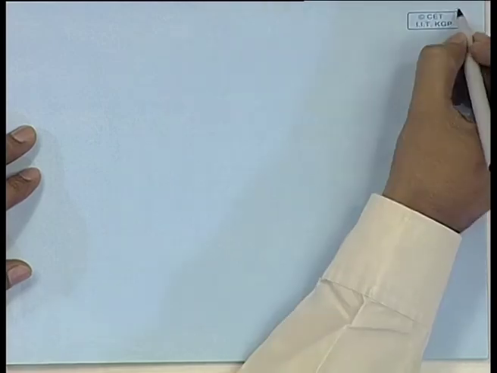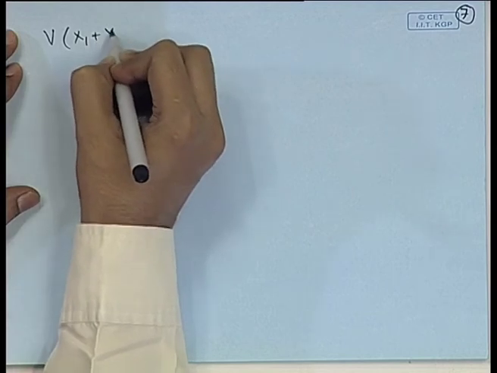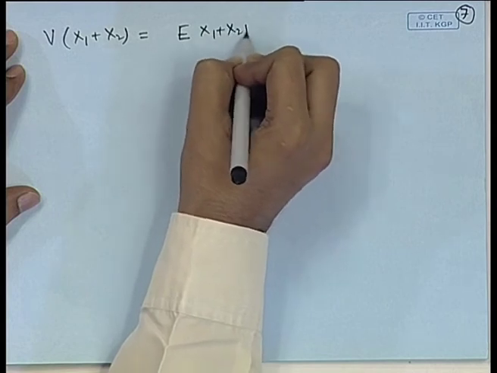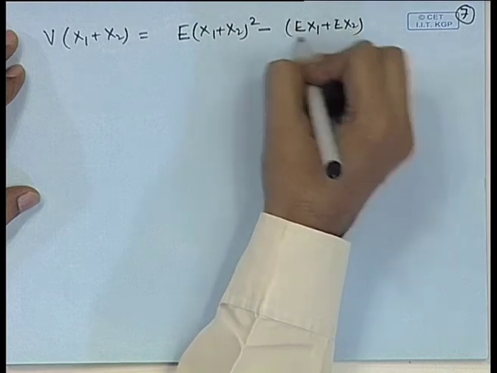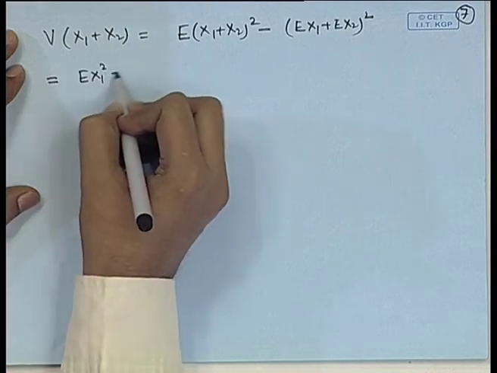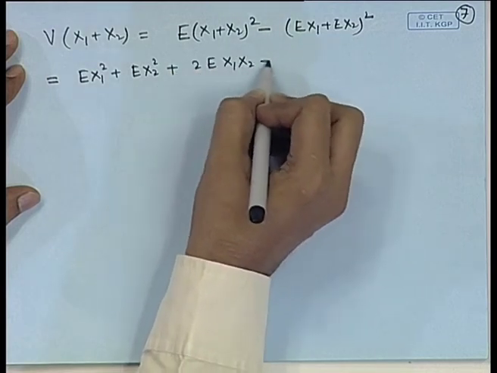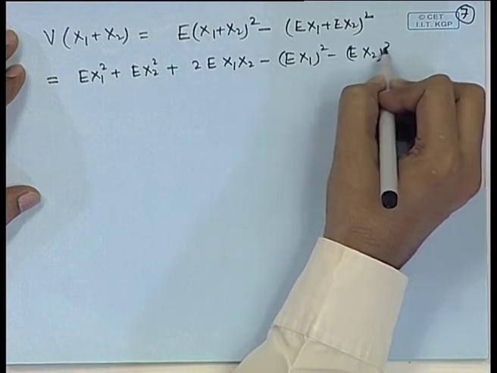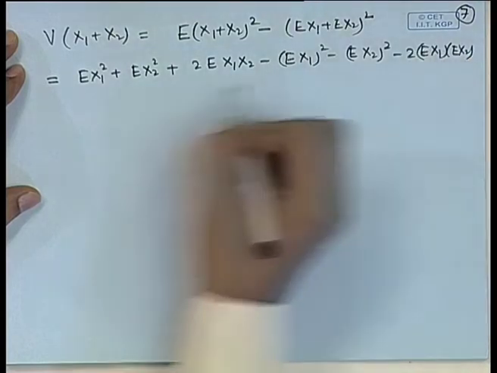In the case of variance, let us write for two of them, that is the variance of X_1 plus X_2. Now, this is equal to the expectation of (X_1 plus X_2) whole square minus (expectation of X_1 plus expectation of X_2) whole square. So, this is equal to expectation of X_1 square plus expectation of X_2 square plus twice expectation of X_1 X_2, minus (expectation of X_1) whole square minus (expectation of X_2) whole square minus twice expectation of X_1 into expectation of X_2.